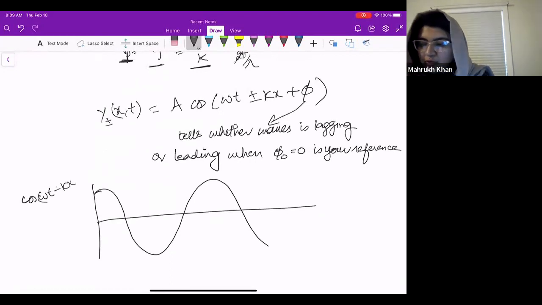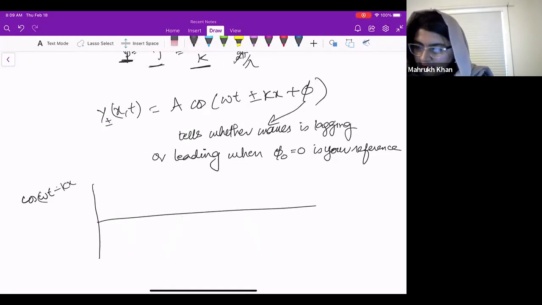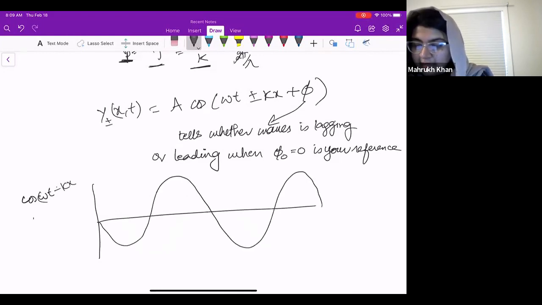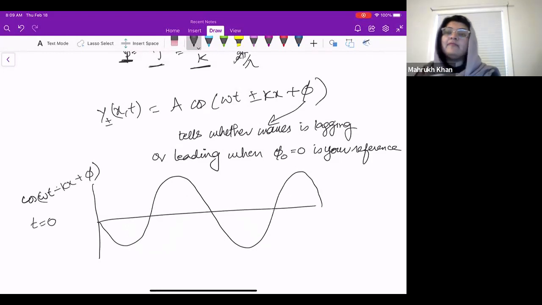Now you know that it starts where it should start. When t is equal to 0, it will be 1, so there is no phase. But let's say it starts from somewhere else, but it's still a cos signal. If t is equal to 0, then there must be some phase here. Is it clear? Because when we were talking about traveling in the plus x direction, we were incrementing in time. But when we are talking about phase, we are talking about t is equal to 0.